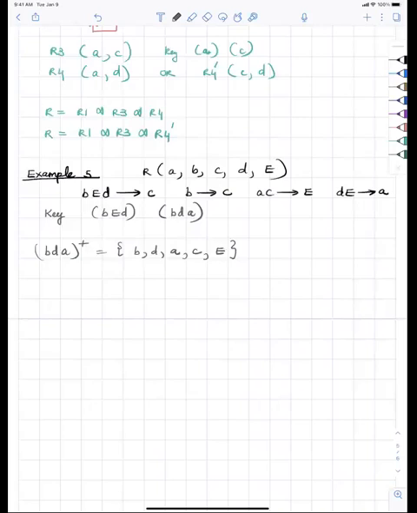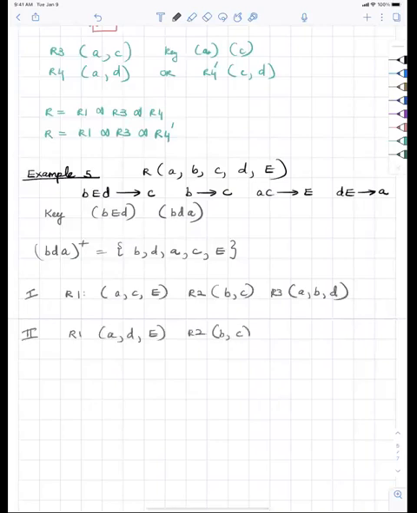I'm going to give you two options, and check and see, are these Boyce-Codd normal form decompositions of this? Okay, so check and see whether these work. It's a good practice for the quiz.